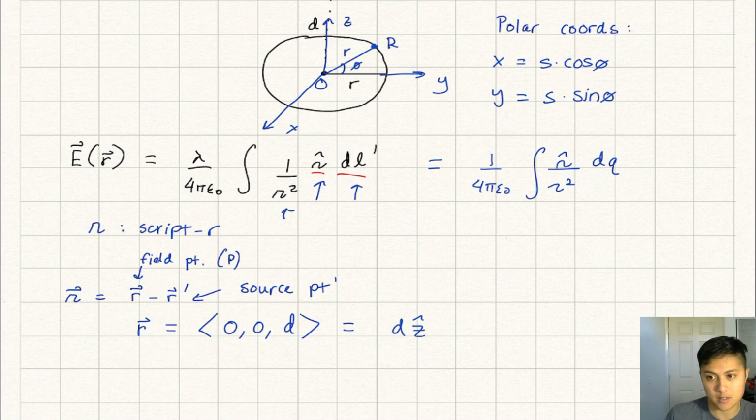Those are the x and y coordinates of the source dq. But what is the z component? It's in the xy plane, so it has to be 0. It has absolutely no length in the z direction.